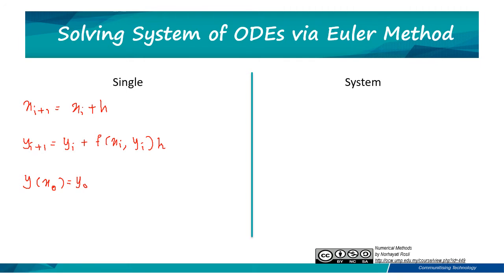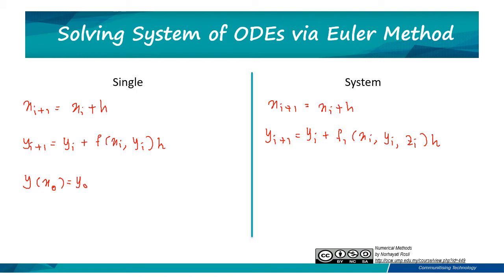Now we go to the system. Since for the system we have two differential equations with three variables, we will have three equations. The first equation, x i plus 1 is equal to x i plus h. The second equation, for calculating y, is y i plus 1 is equal to y i plus f1 of x i, y i, z i multiplied with h.